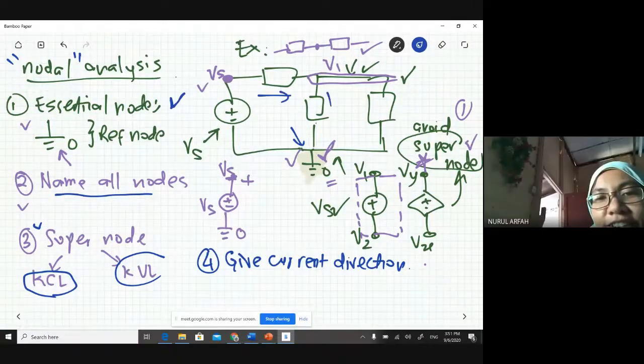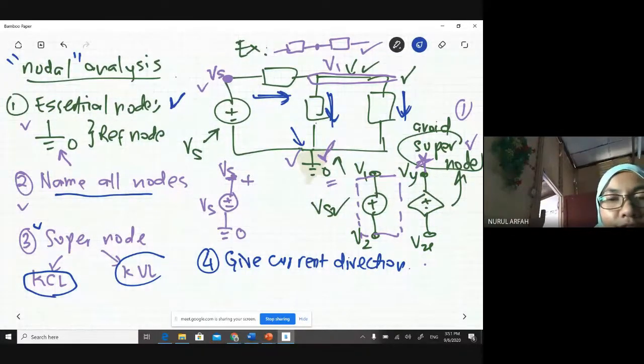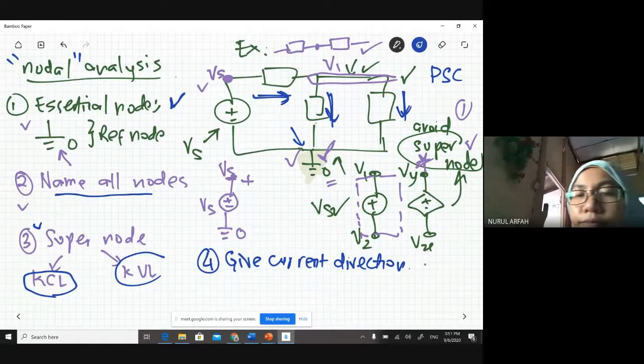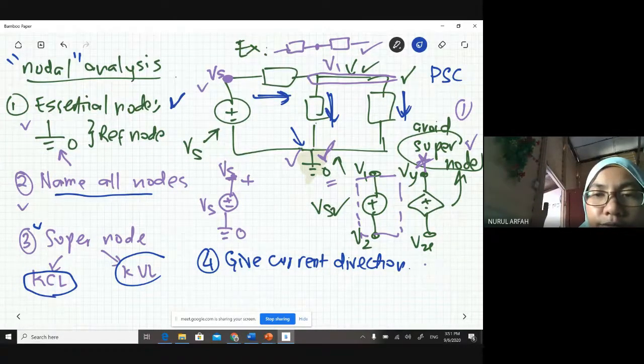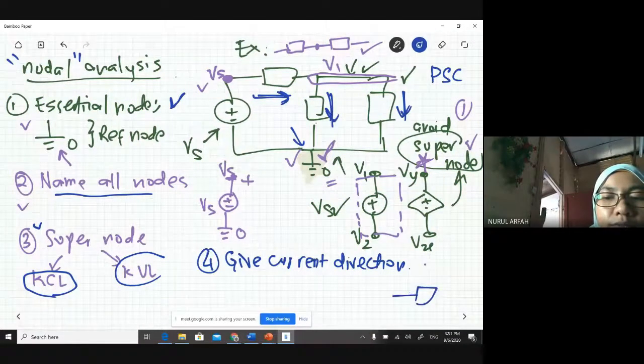In my class, I always do the horizontal to the right and the vertical going down, but it's up to you, as long as you follow the passive sign convention. Still remember, right? What is passive sign convention? For a passive element, you should have current entering positive and current leaving negative.